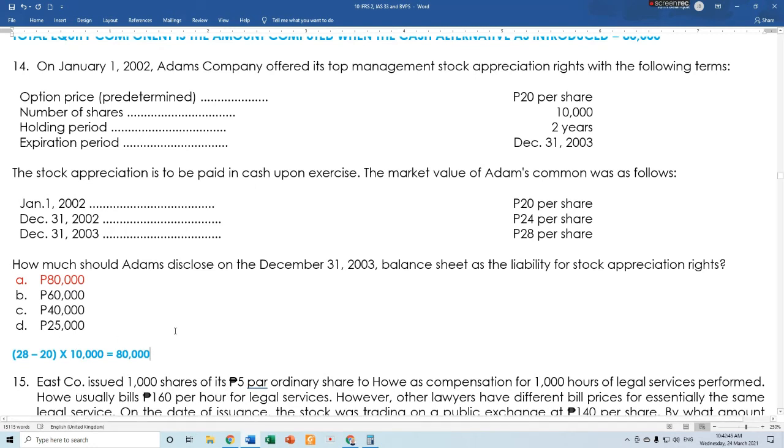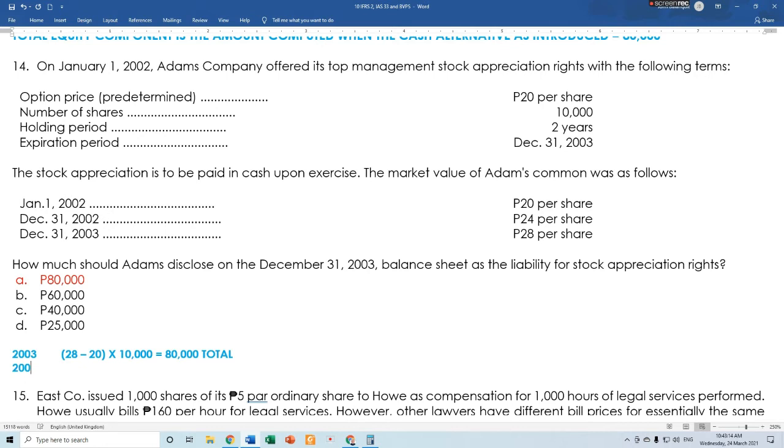Letter A. Okay, ang tinatanong naman sa atin yung liability sa stock appreciation rights eh. Hindi naman tinatanong sa atin yung expense. Okay, kung expense ang tinatanong, i-consider natin yung 24 nung last year times 1/2. Parang ganun siya. So, ito yung 2003. Okay. Ito yung total na. Kung gusto mong makuha yung 2002, ang gagawin mo, that's going to be 24 minus 20 times 10,000 times 1/2.